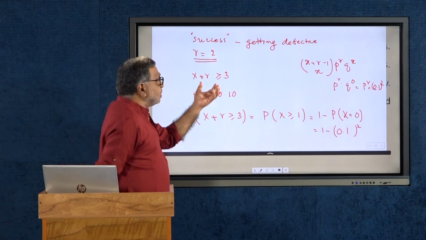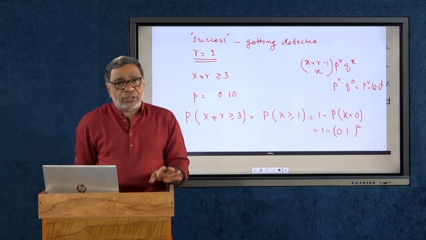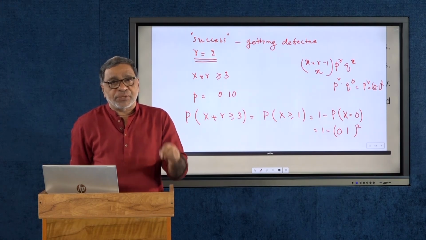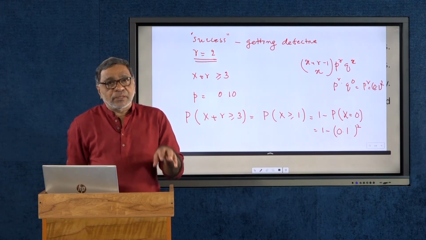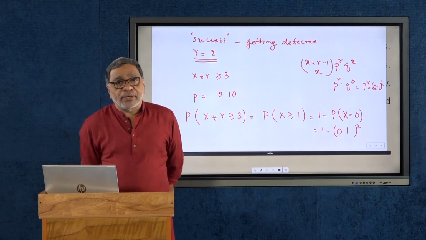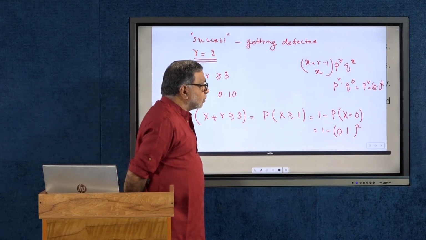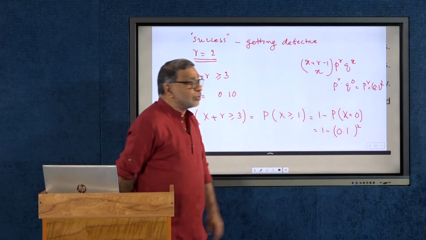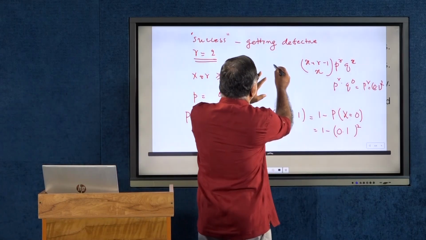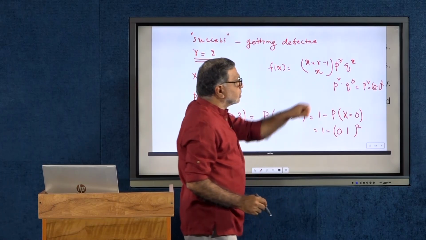So, our problem is to find the probability of x plus r greater or equal to 3, and p is already given as 10%. The probability of x plus r greater or equal to 3 is the required probability. That is equal to probability of x greater or equal to 1, that is 1 minus probability of x is equal to 0, and probability of x is equal to 0 is obtained from this probability mass function. Here you take x as 0.